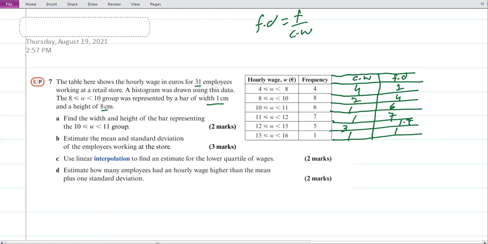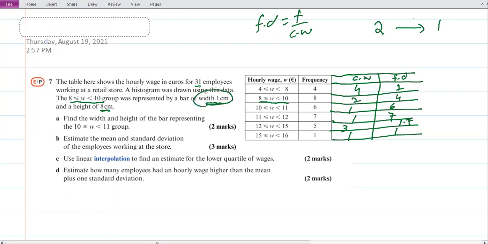The question is saying for this class, 8 to 10, the width is 1 centimeter and the height is 8 centimeters. What is the original one? The original class width for the 8 to 10 class is 2. That is changed to 1. Because the original was 2 and in the question now it says it is 1.